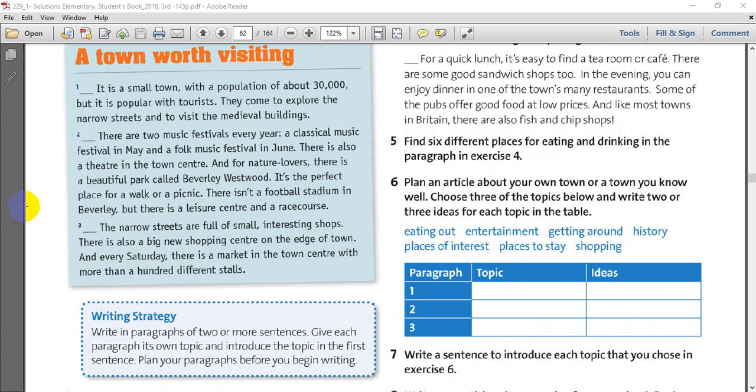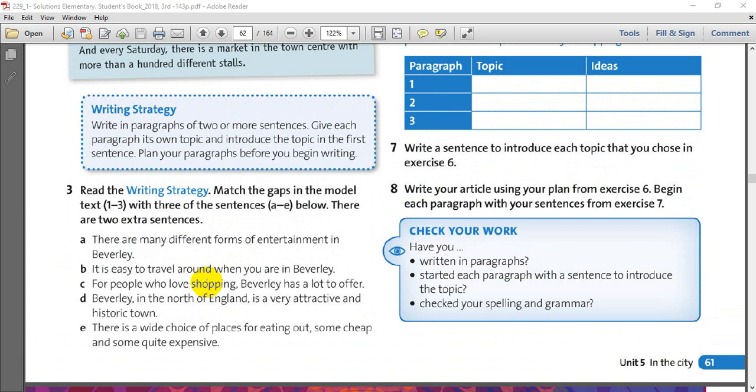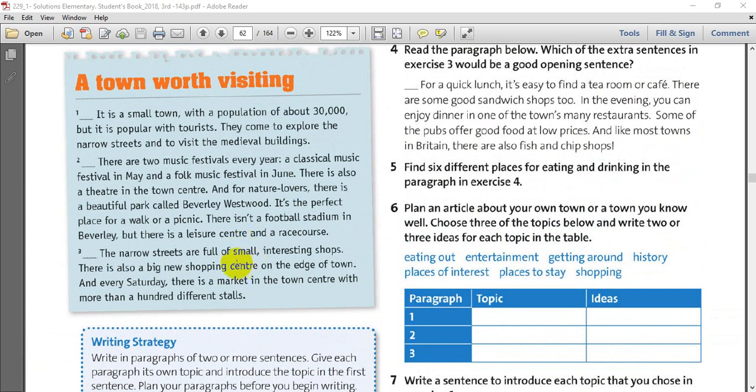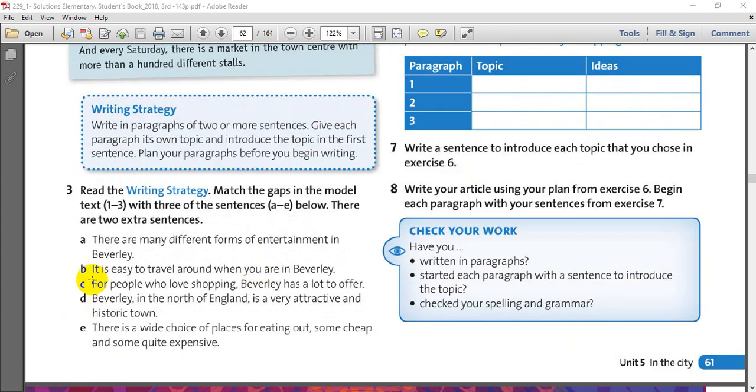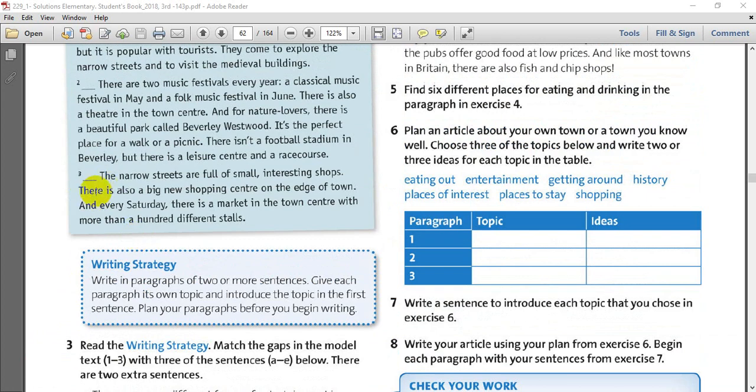Here, number 3. The narrow streets are full of small interesting shops. There is also a big new shopping center on the edge of town. And every Saturday there is a market in the town center with more than 100 different stalls. So C is number 3.